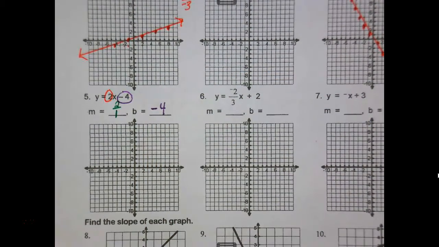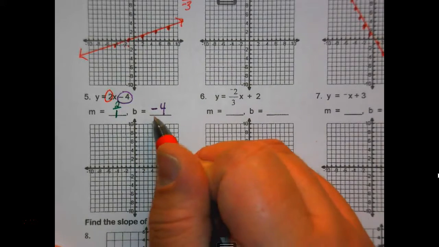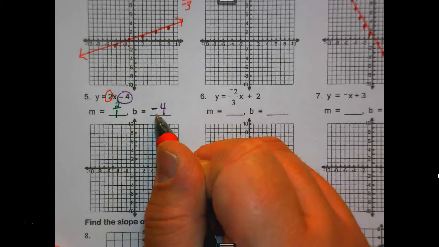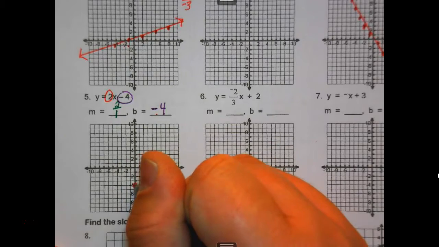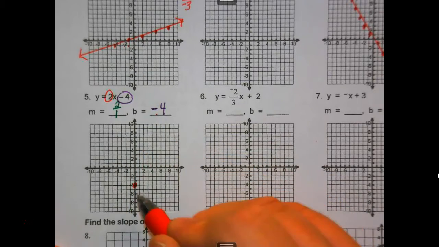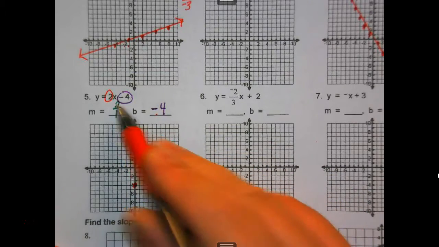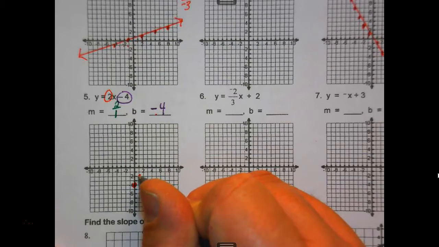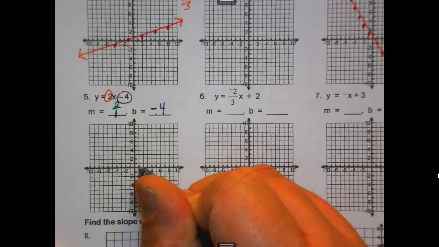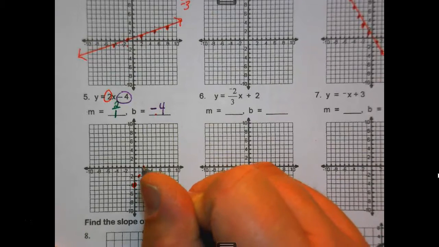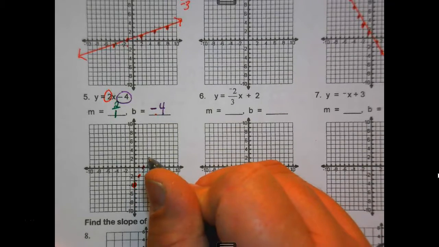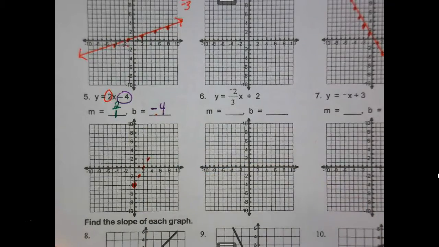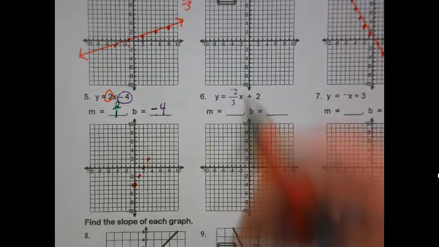The y-intercept. So start at -4. That's where it crosses the y-axis. Use your slope. Up 2 to the right 1. Draw a straight line.